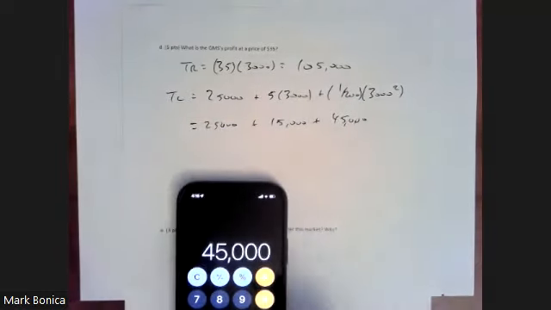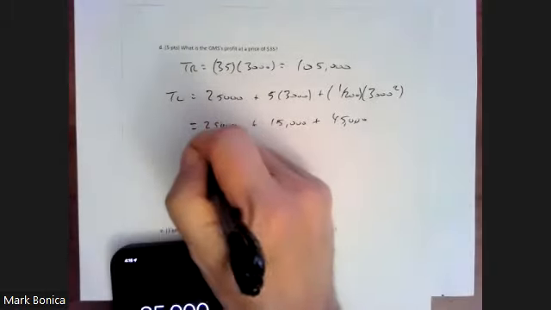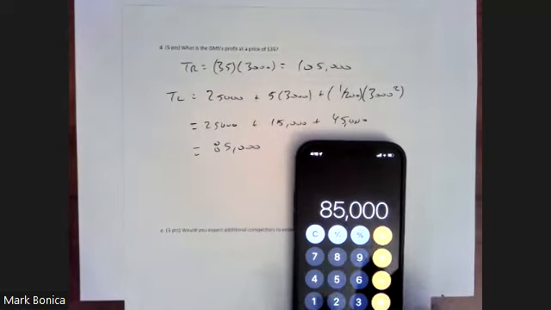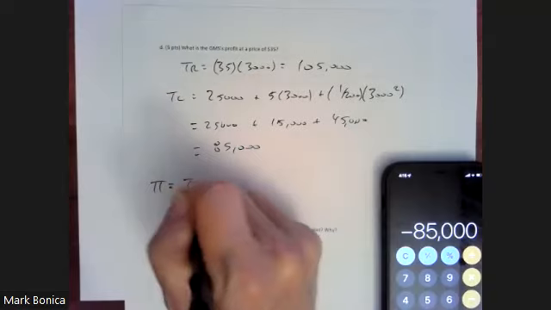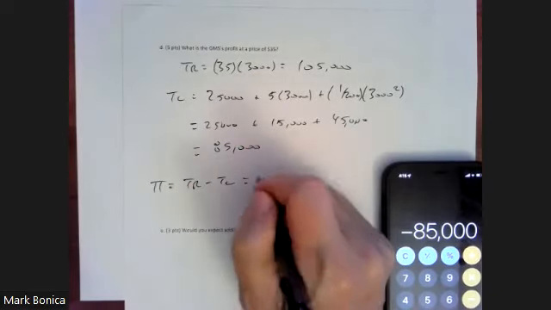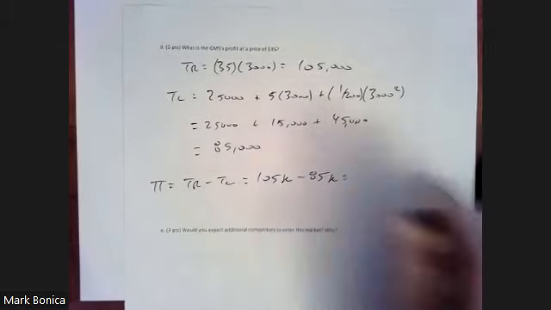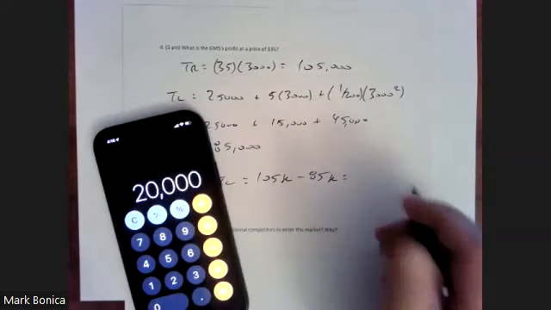So 45,000 plus 15,000 plus 25,000 is 85,000. So total revenue is 105, total cost is 85. So profit is total revenue minus total cost, which is 105,000 minus 85,000, 20,000.